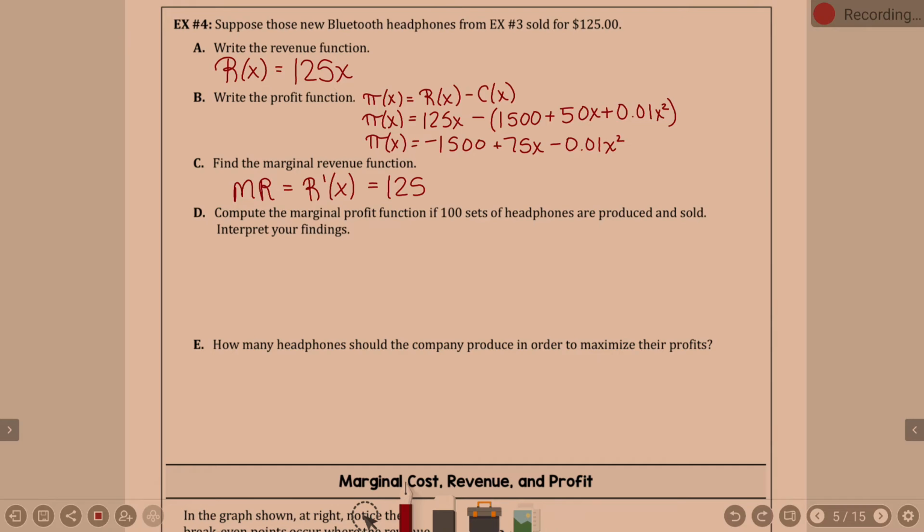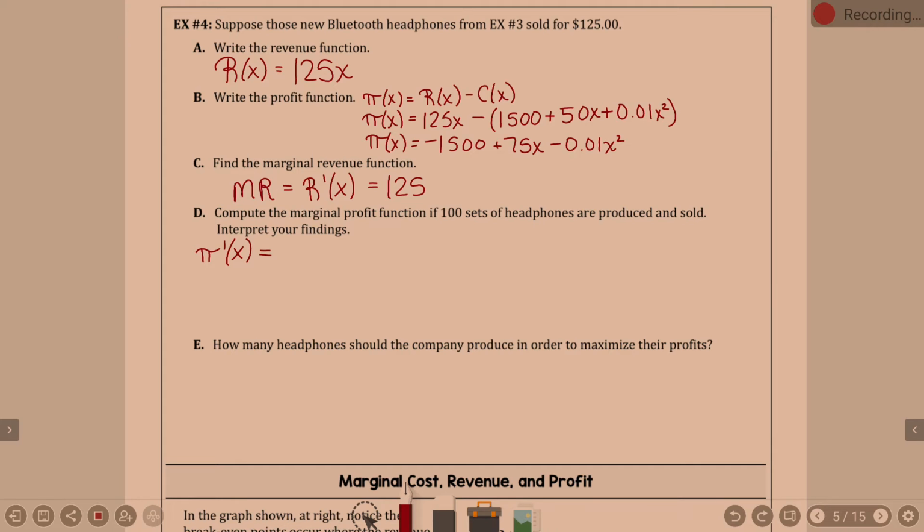The derivative of part B. Part B, okay. The derivative of our profit function. It makes sense now that it's pointed out to me. So yeah, marginal profit, that's going to be the derivative of the profit function.